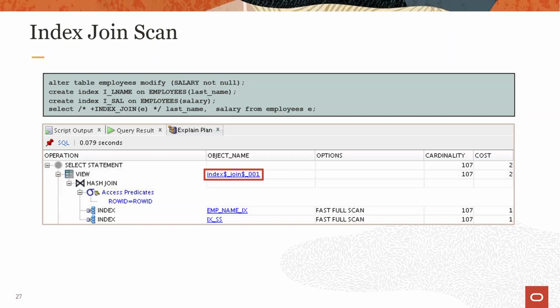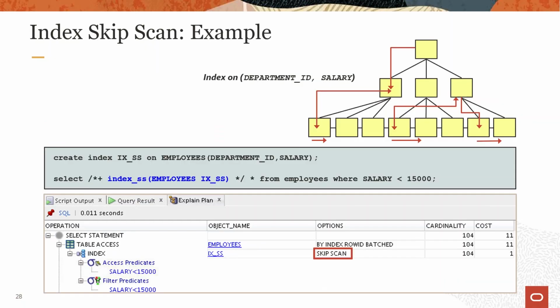Another example of the index skip scan is mentioned upon this slide. So it's assumed that there is a concatenated index or a composite index on the department ID and salary column. As you can see, when I'm querying my table employees, I only have a predicate upon the salary column and not upon the department ID column.